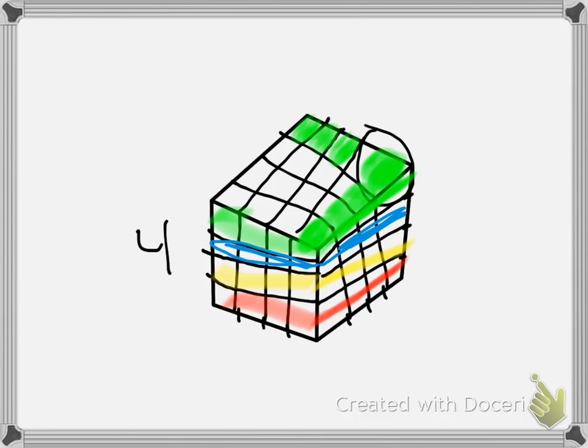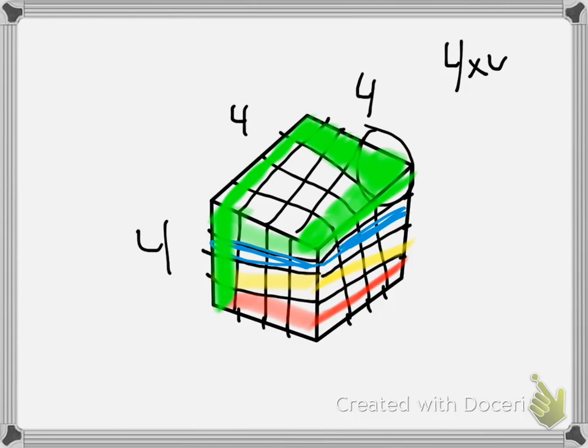So there's 4 here, 1, 2, 3, 4. 4 times 4 times 4 layers.